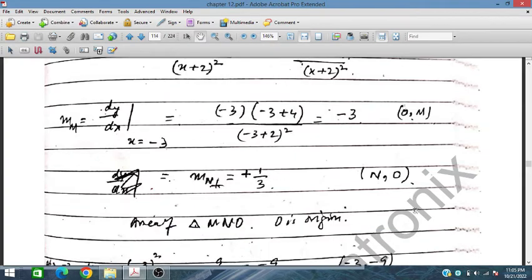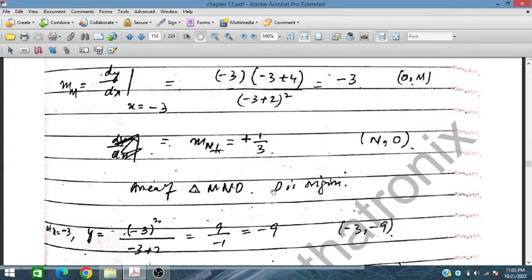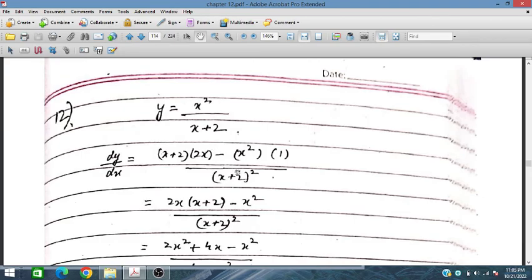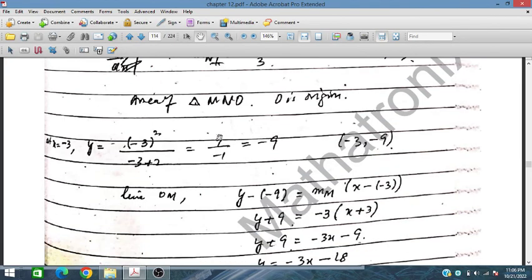So for the area of MON, O is the origin. At x is equal to minus 3, the value of y can be obtained, which is minus 9.